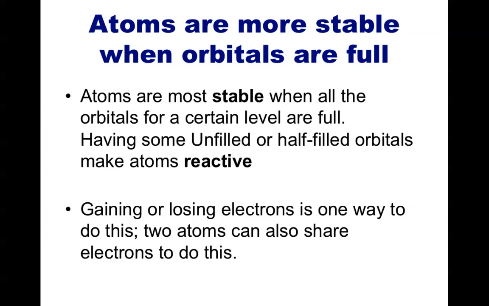To achieve the goal of a filled valence energy shell, atoms will either steal or donate electrons from other atoms, or 2 atoms might pool their resources and share a pair of electrons. Atoms that participate in this behavior are forming chemical bonds with other atoms. These bonds bring some atoms together to form larger molecules.